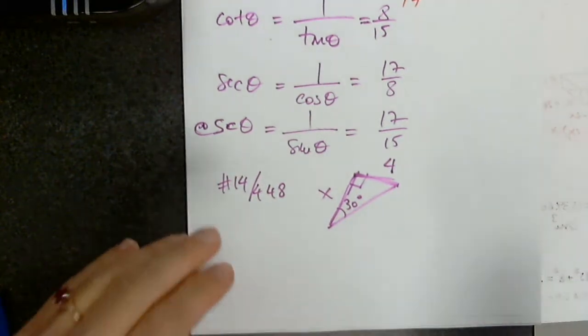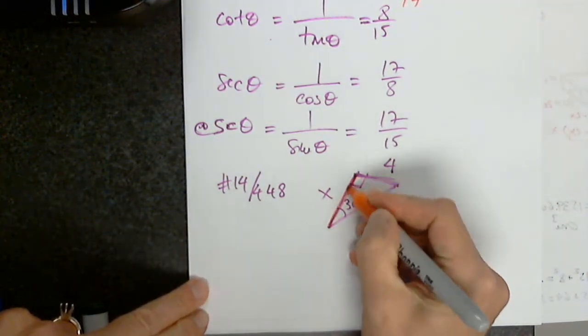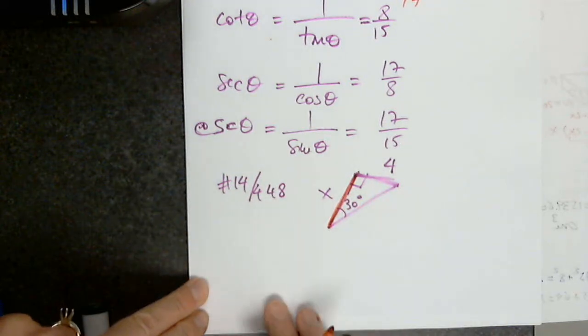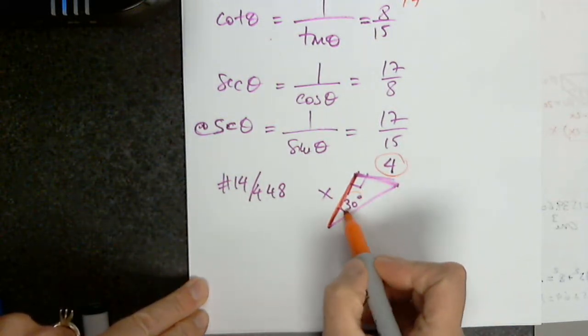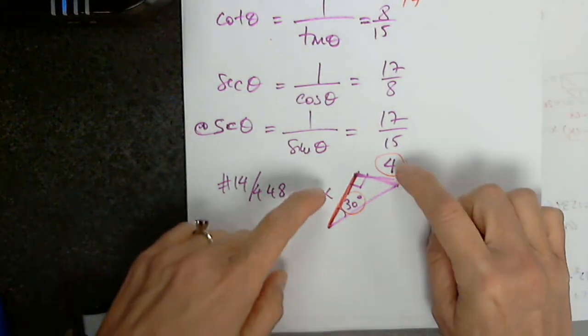Very good. So let me emphasize a few things here. One, this is what we don't know. This is what we know, and this is what we know. So I need to think in terms of a trig function that is applied to 30 degrees that will involve these two.